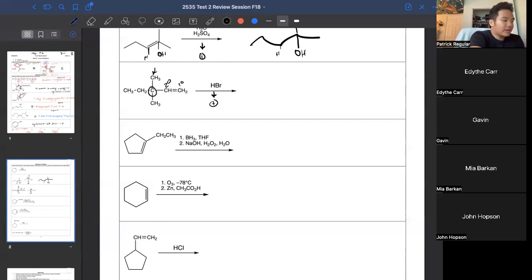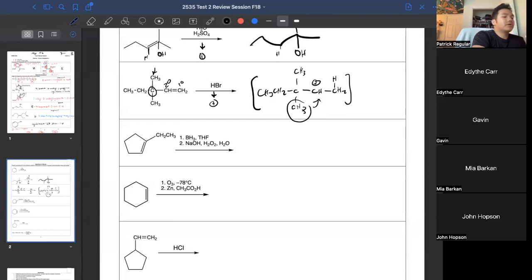So if we were to have the intermediate of, let's say, CH3CH2, CH3CH3, the carbocation intermediate would be right here. CH2, and then that H right there. That'd be the intermediate.